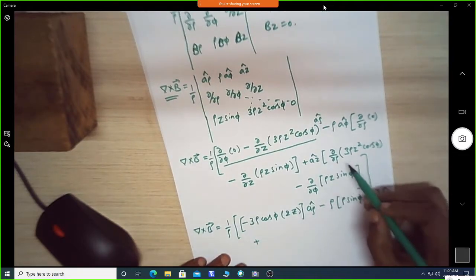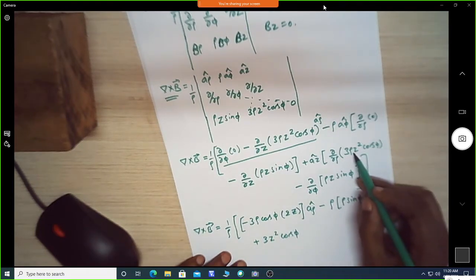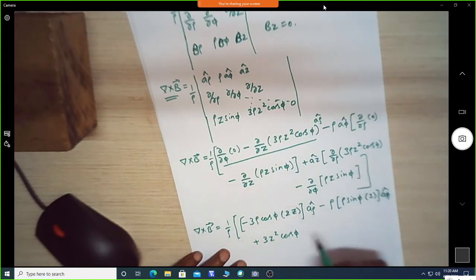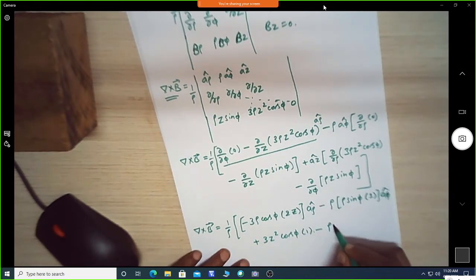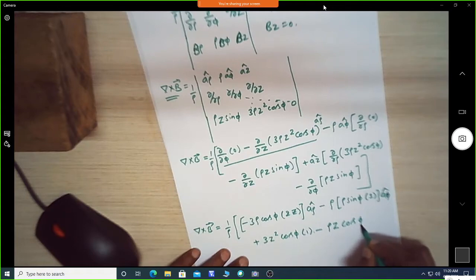Plus, with respect to rho, 3z square cos phi is constant, and the differentiation of del by del rho of rho becomes 1. Minus, with respect to phi, rho z is constant, so the differentiation of sin phi becomes cos phi.